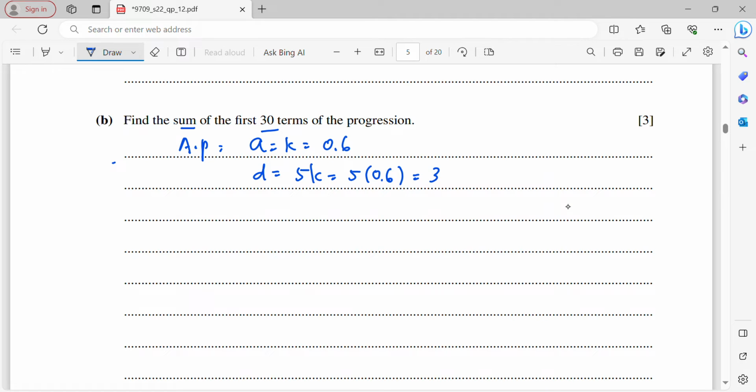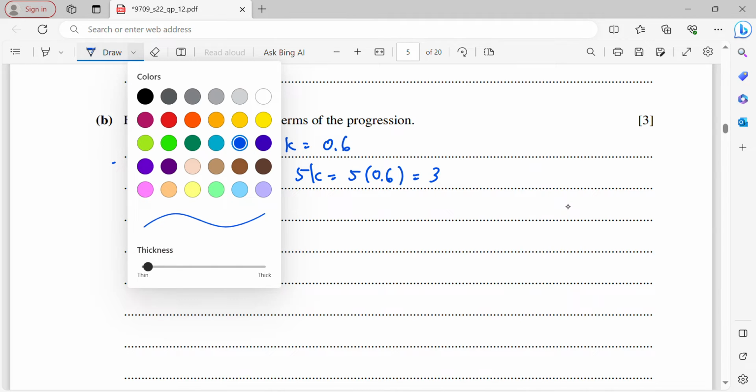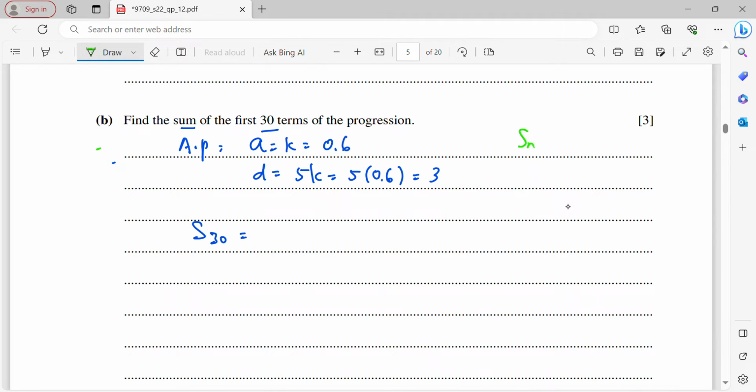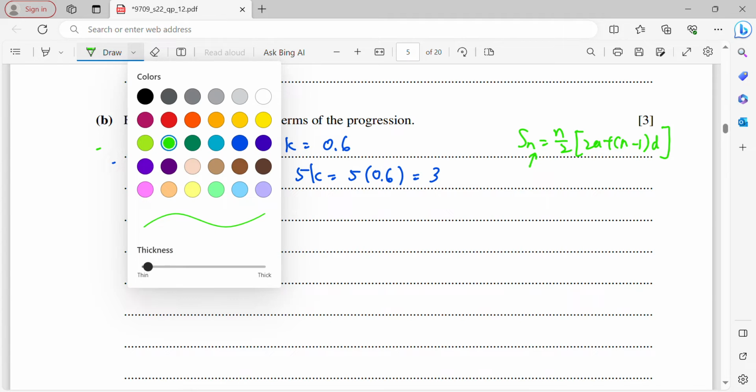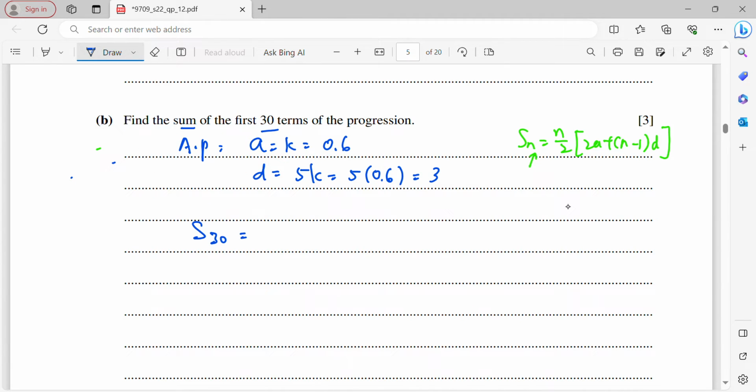Now we need to get the sum of the first 30 terms, S30. The formula is Sn equals n over 2 times (2a plus (n minus 1)d). So now I directly replace the n by 30, which means I will get 30 over 2 bracket 2a plus 29d.